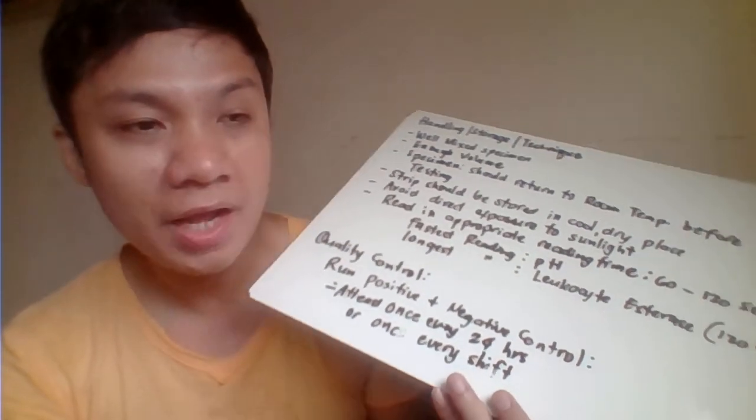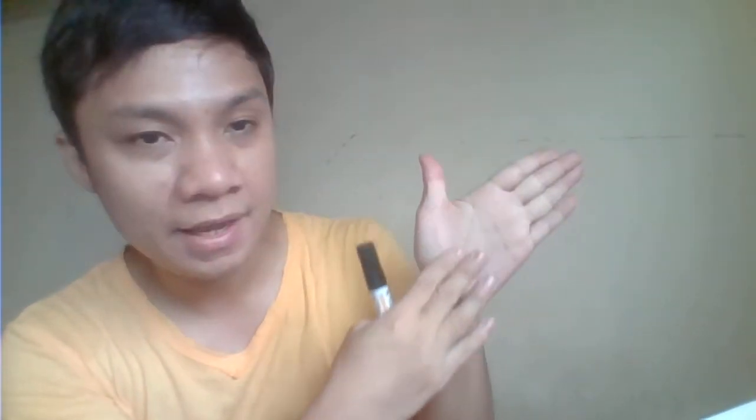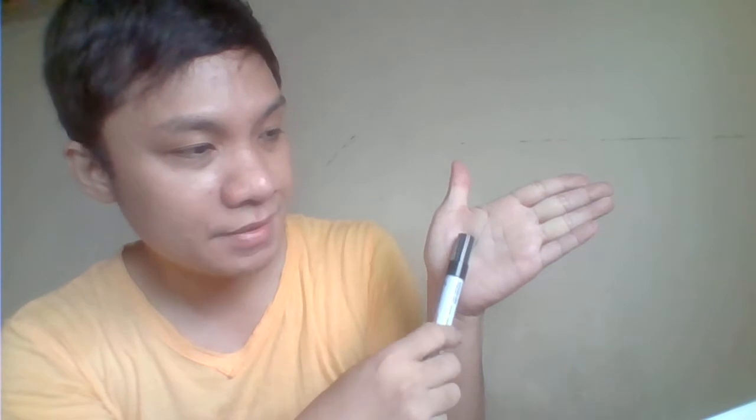Okay, then how are you going to compare your test strip? So, for example, kung ito ang ating color chart, dapat do not read it na pag ganito ang strip natin. Why? Pag ganito kasi, it might have the tendency that your urine is going to run over.